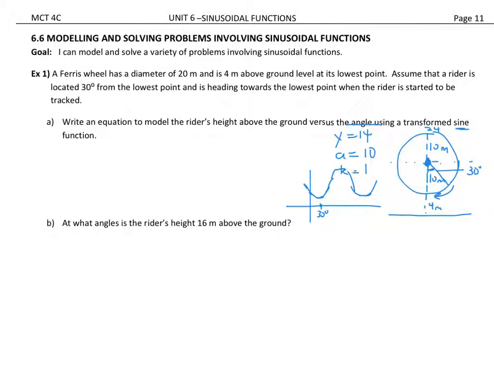60 degrees prior to that, we would have been on the axis of the curve. So at negative 60 degrees, we should be on the axis of the curve there. So those are 90 degrees apart, that makes sense.